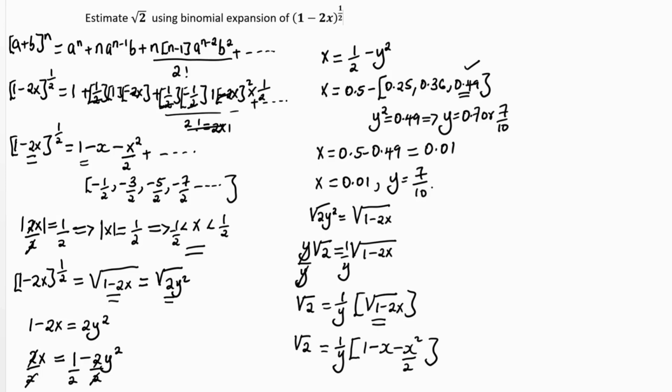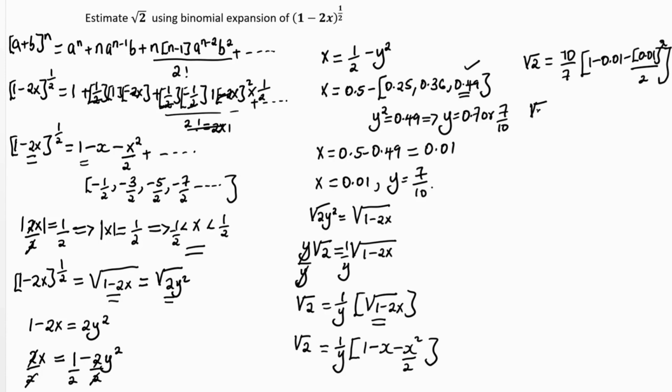At this point, we know the value of y and we know the value of x. So we can write root of 2 equals 1 all over 1 over y, which is the same as 1 all over 7 over 10, which is equivalent to 10 over 7, into (1 minus 0.01 minus 0.01 squared all over 2).